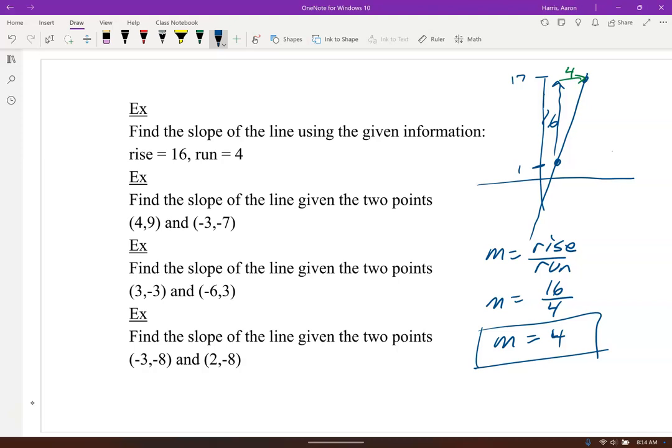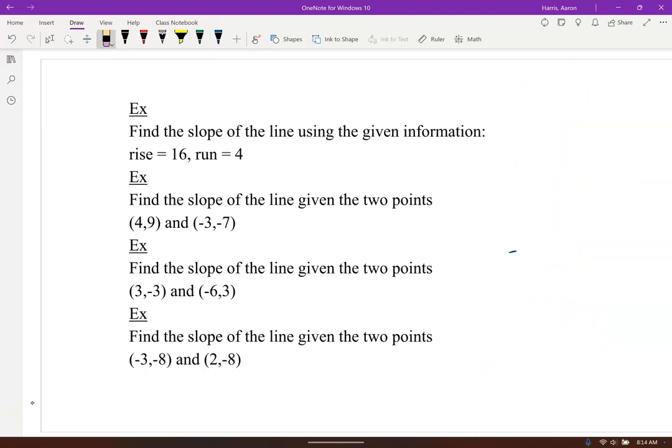Now, if you're given 2 points, you want to use those 2 points to find the slope. So in this case, we have 4, 9, and -3, -7. 4, 9, -3, -7.